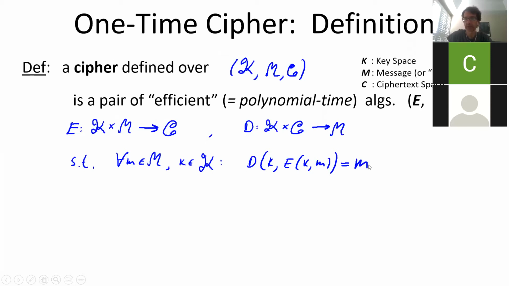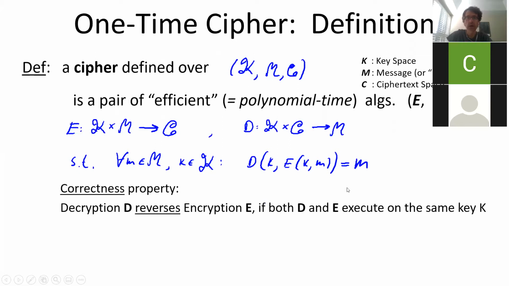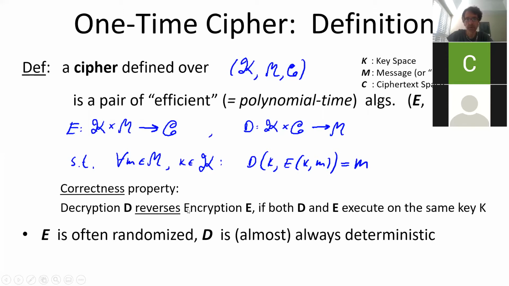That's what this equation says. So it is the correctness property that decryption reverses encryption on all keys. You can have some relaxations of this, like perhaps there is a negligible fraction of keys on which this would fail. That might suffice in practice. We won't worry about this for a while.